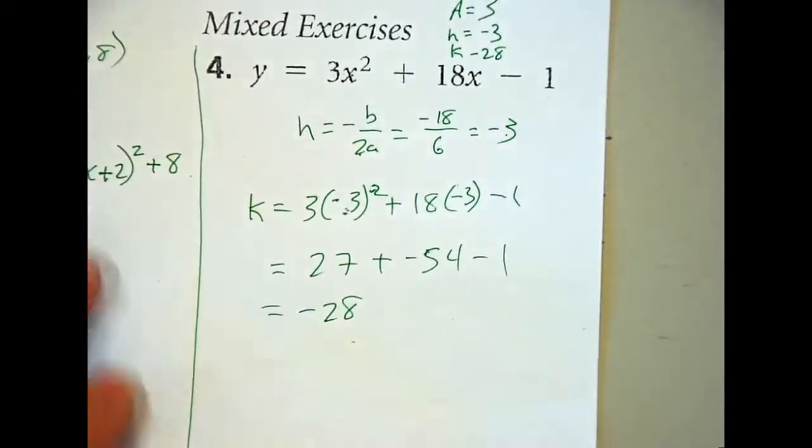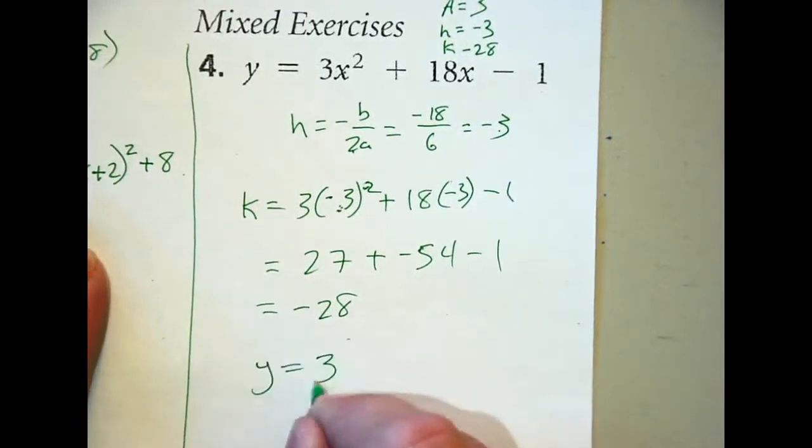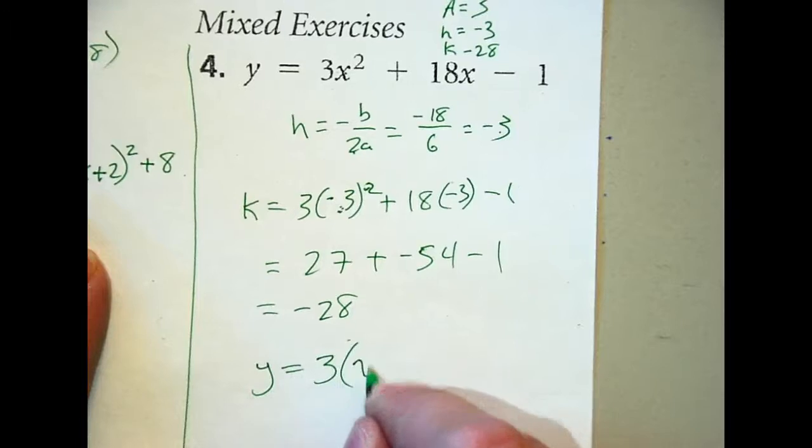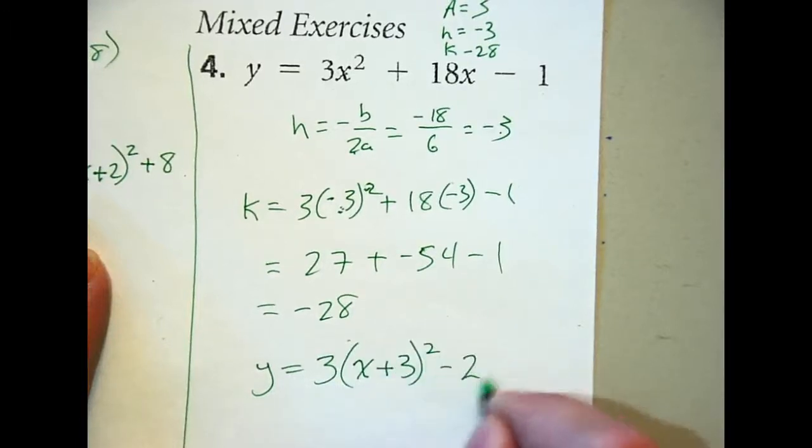Any questions so far? So we get y equals 3, that's our a, times x minus h, which means plus 3 in this case, squared, minus 28.